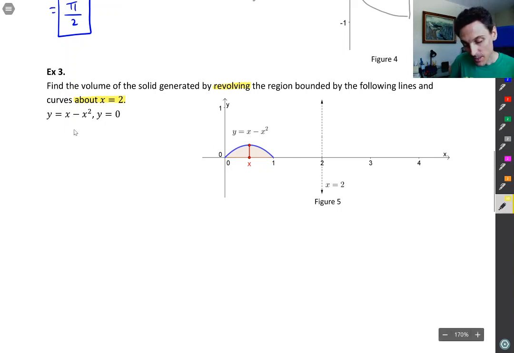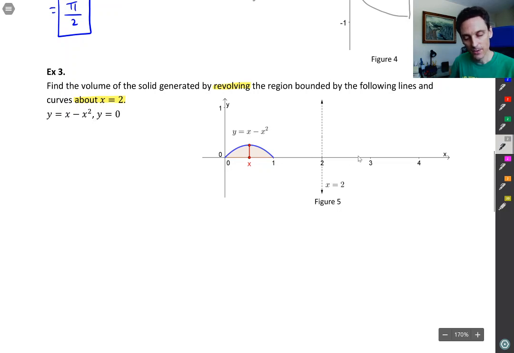Now our region is bounded by y equals x minus x squared and y equals 0. If you didn't know what the picture looked like, then you would have to draw the picture from this information. So one of the things that you would want to do to figure out where your region is, try to figure out where these two curves intersect. So where does y equals x minus x squared intersect y equals 0?